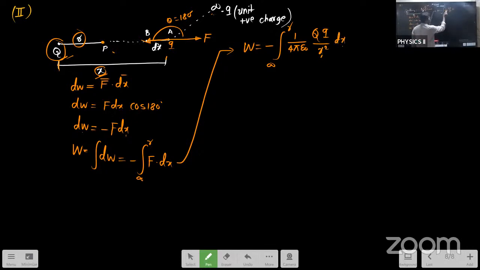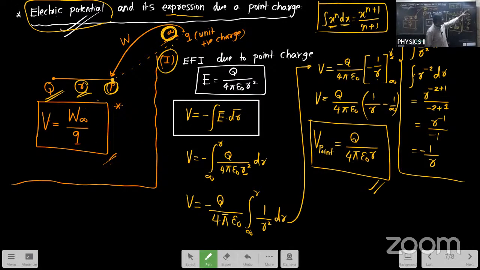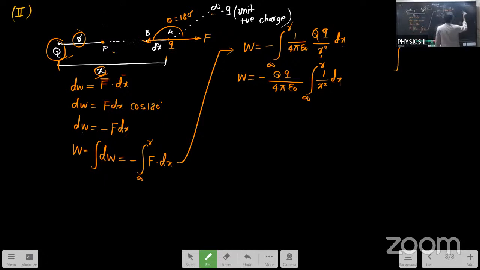Again, capital Q and small q are constant, so I can take them outside. This will become minus Qq divided by 4 pi epsilon naught, integration from infinity to R of 1 by x square dx. Just now we have seen that integration 1 by R square dr becomes minus 1 by R. So here integration 1 by x square dx will become what?